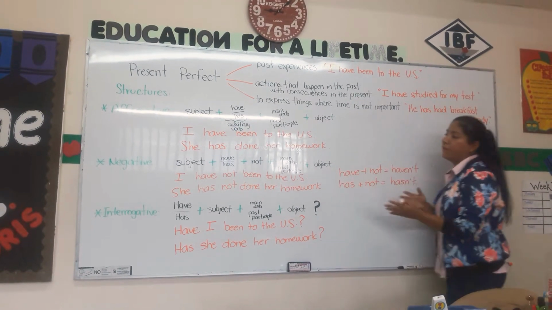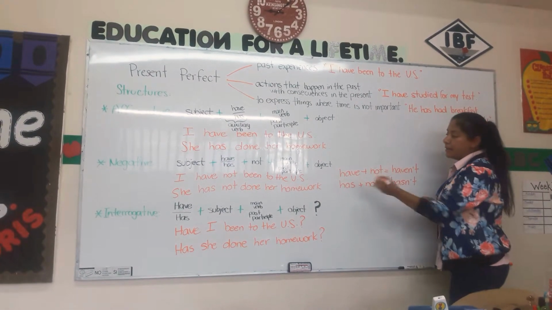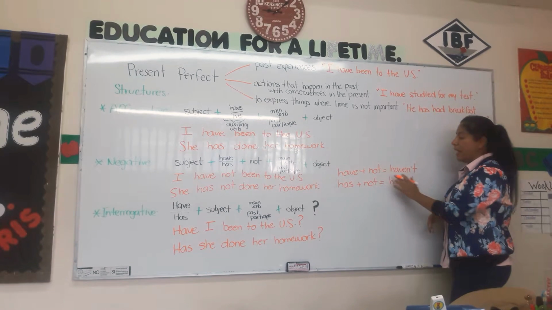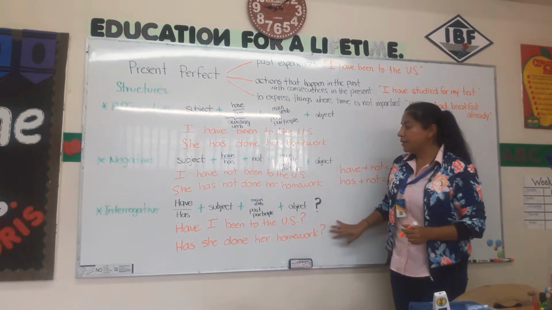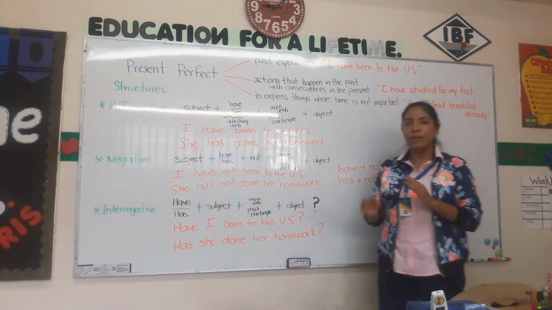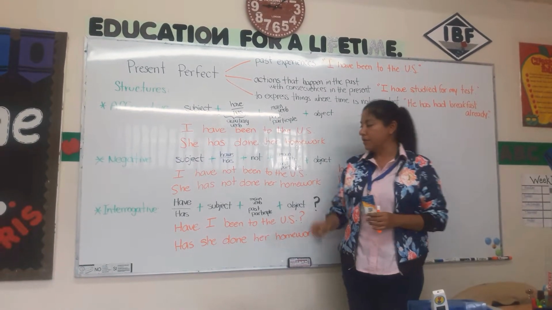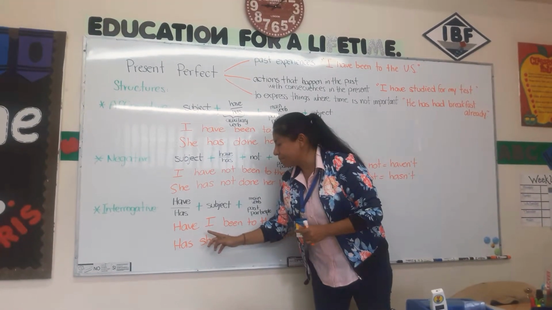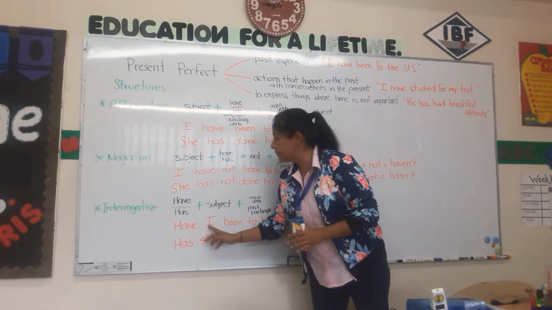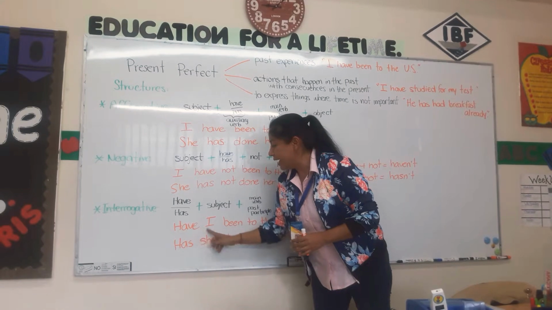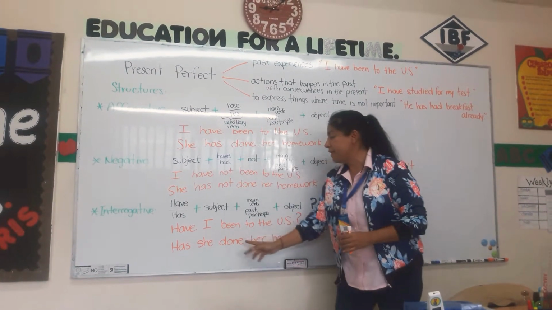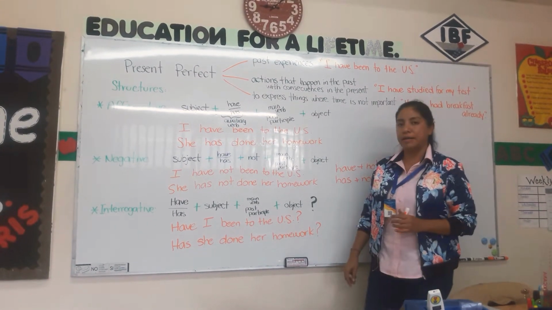And remember that for the negative we can use contractions, haven't or hasn't. And in the interrogative way, we use a simple inversion of the first two words, where the auxiliary verb takes the first place and the subject the second place. Have I, has she. And then the main verb in past participle.